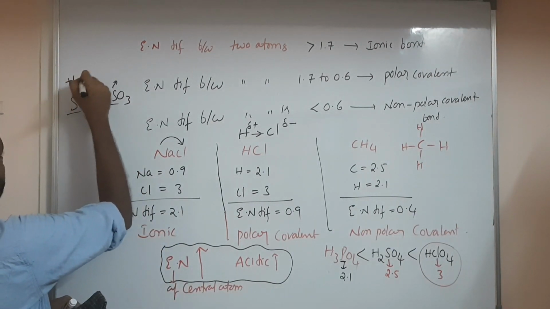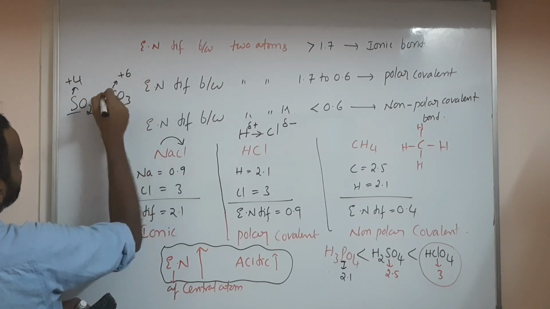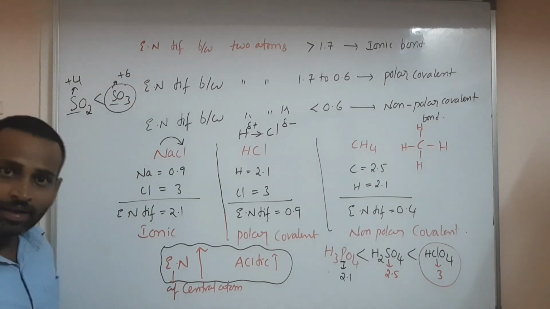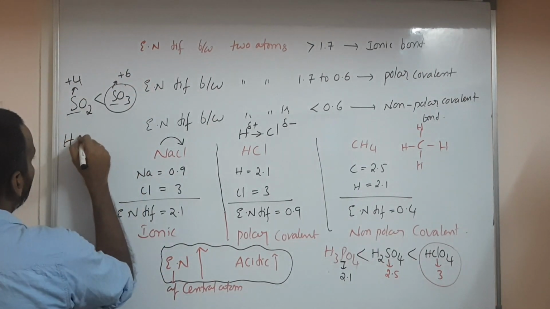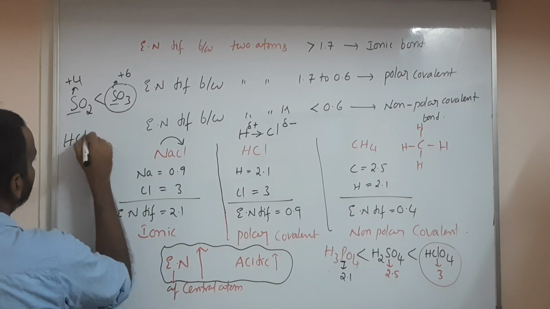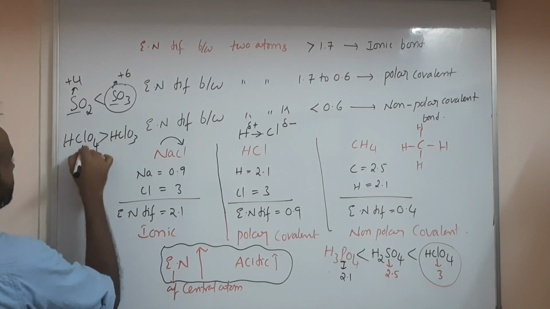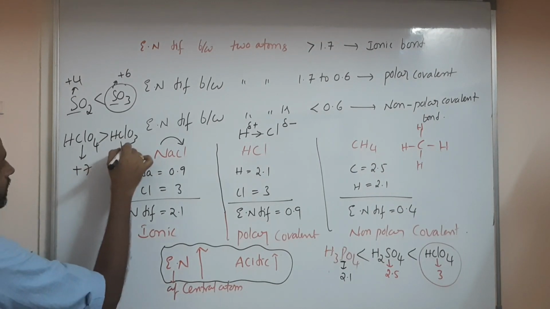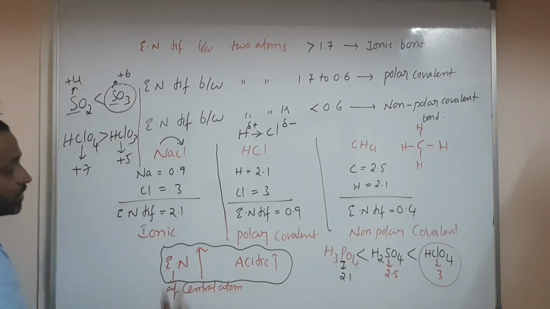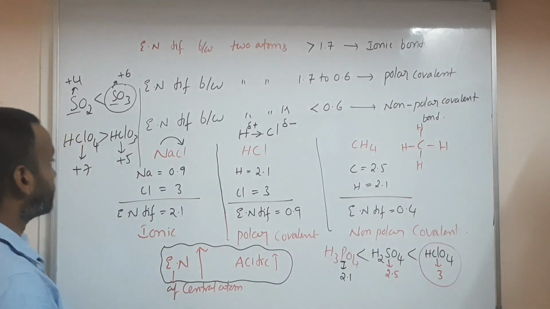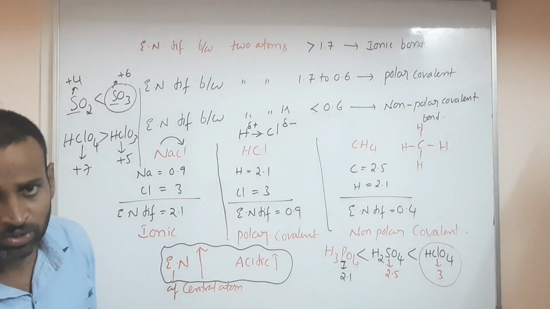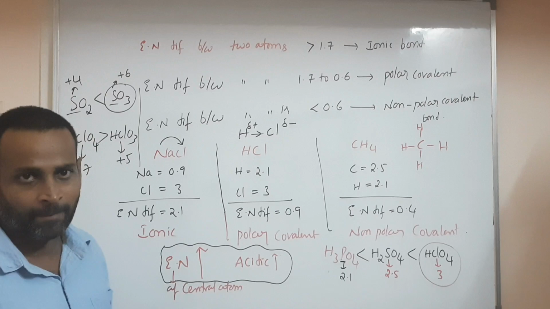Here sulfur is +4, here sulfur is +6, so SO3 is more acidic. Like that, HClO4 and HClO3: HClO4 is more acidic, because here chlorine is +7, here chlorine is +5. So electronegativity and oxidation state can both be used to say which is more acidic.